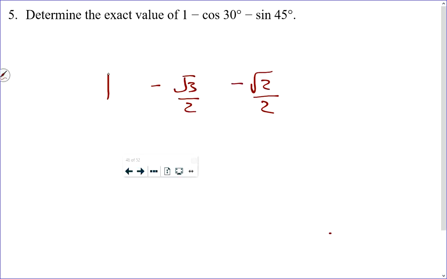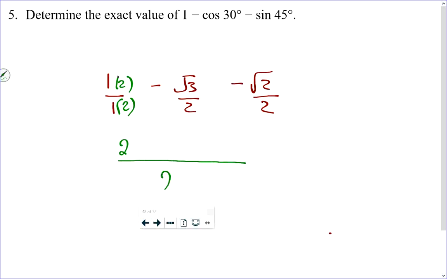Looking at the triangle, I would prefer to put these together with a common denominator. And that would mean I can multiply the top and the bottom of that first number of 1 by 2 and get 2 over 2 minus root 3 over 2 minus root 2 over 2. That's the answer.